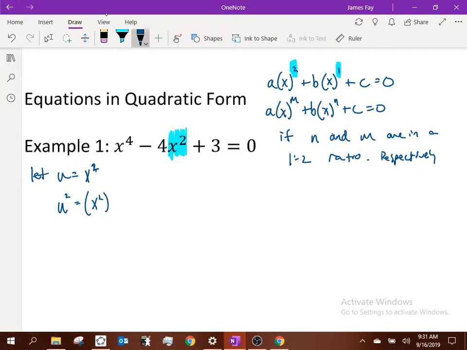So squaring u, in regards to x's, would be that, right? What's x squared squared? x to the 4th. I like that because now, not only does this give me u and x squared, so I can replace x squared with u, it now gives me something I can replace x to the 4th with. I can replace x to the 4th with u squared.